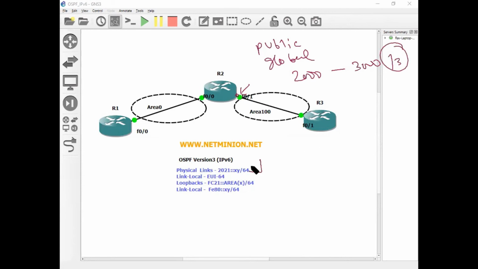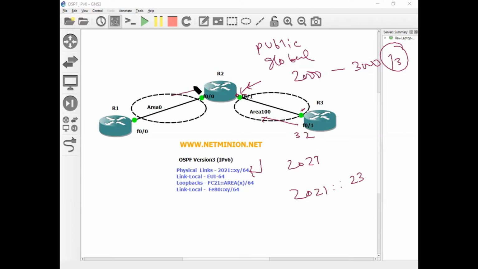I am configuring with /64 and starting with 2021. If it is the link, I am configuring 2021, maybe 23 over here, and over here it can be 32 in the reverse order, /64.